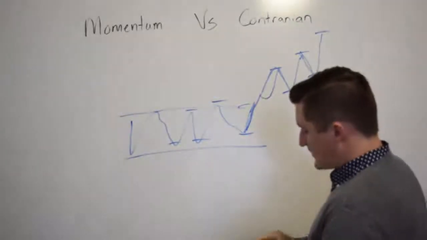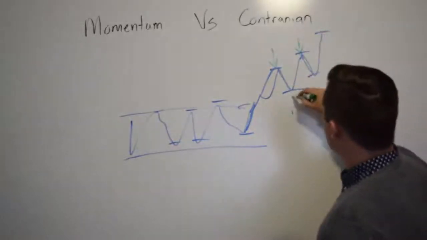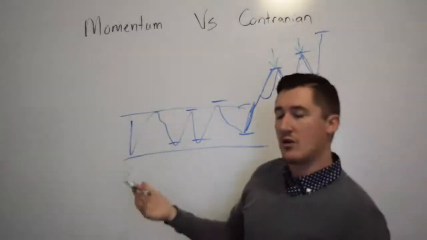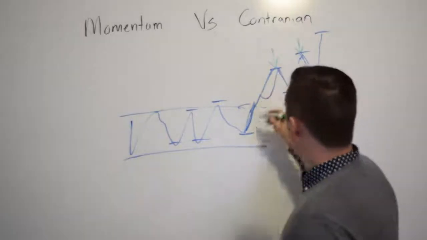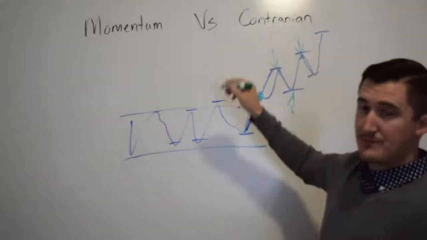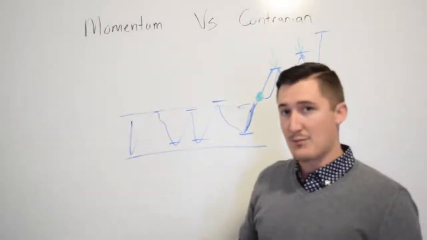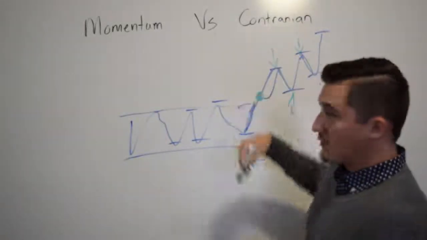So that's why you'll see we're taking trades at reversals in the market, or when we get a pullback, we're trading that as opposed to jumping in somewhere in the middle of this momentum. And what that does is allow you to keep a very tight stop loss, because you immediately know if you're wrong.